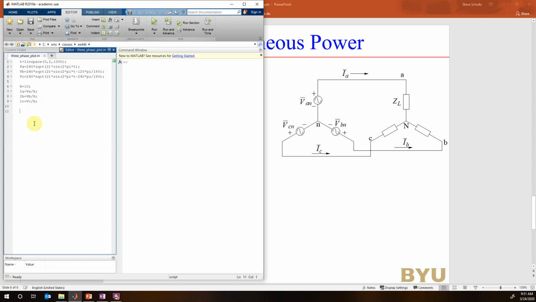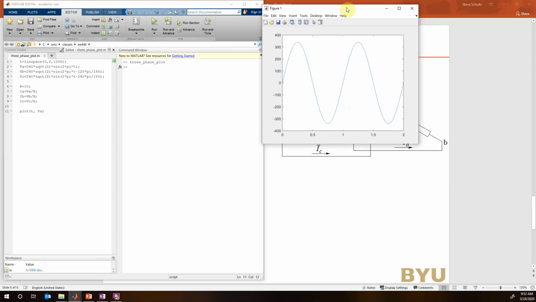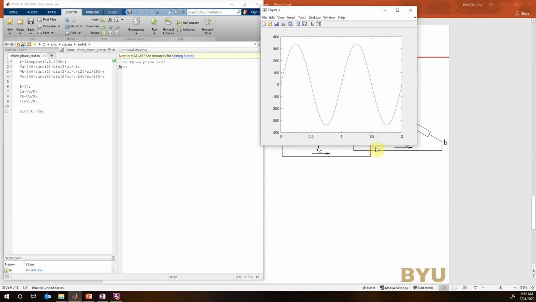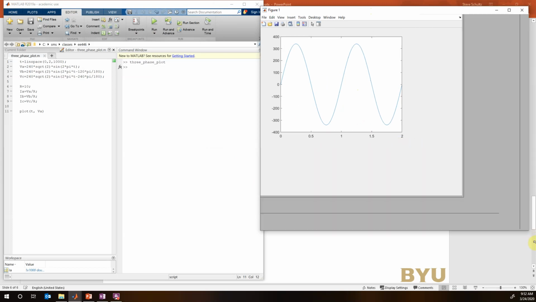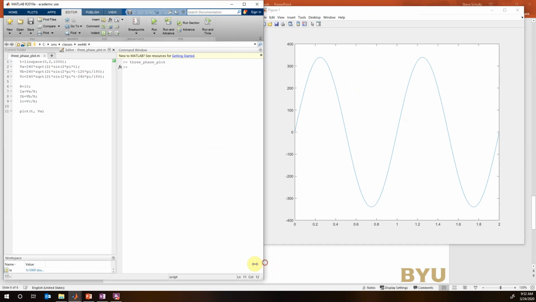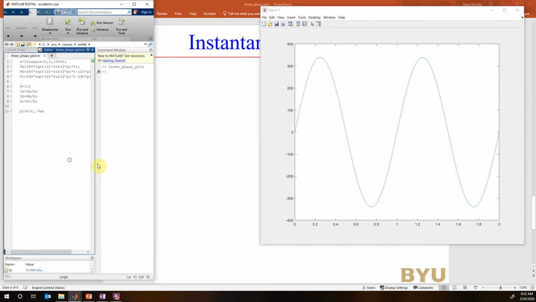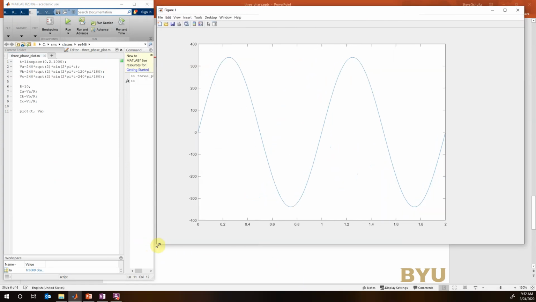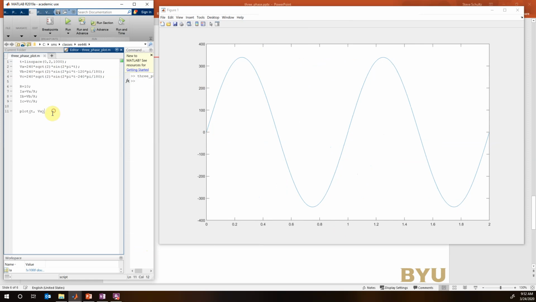So the first thing that we want to do is plot to see what these look like. So we're going to do plot T, and we're going to look at just our VA first. We come over here and make this a little bigger so it's easier to see. Okay, so here is my VA voltage.